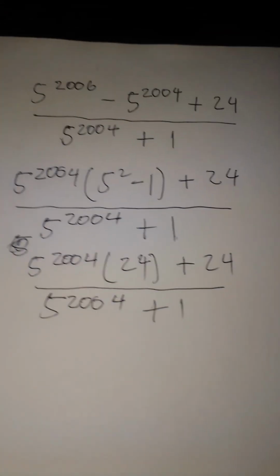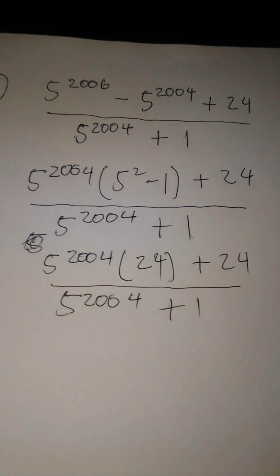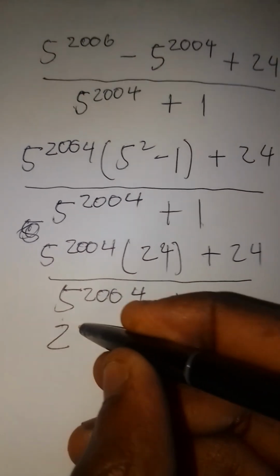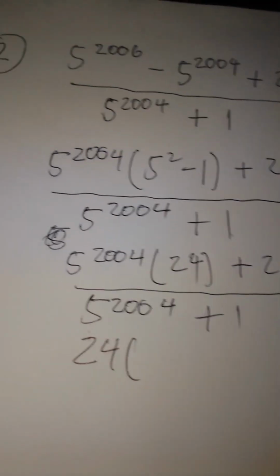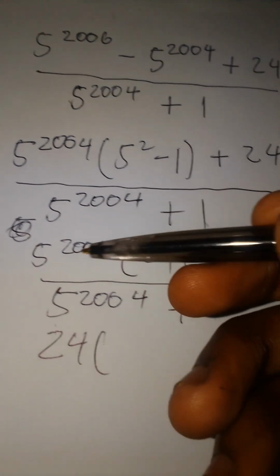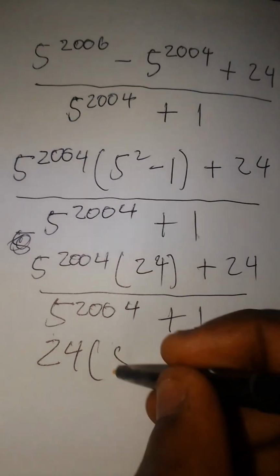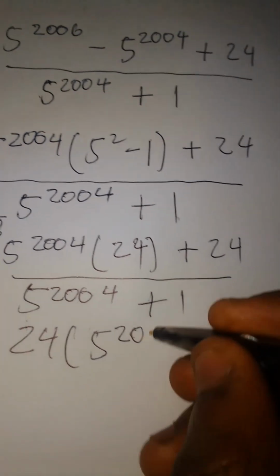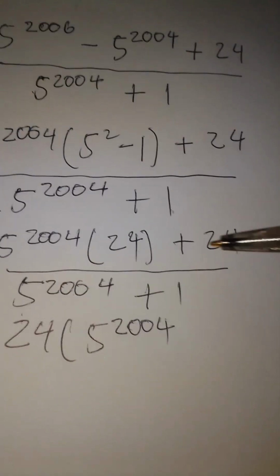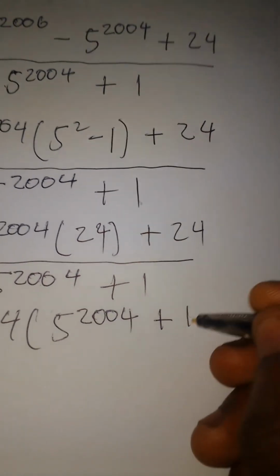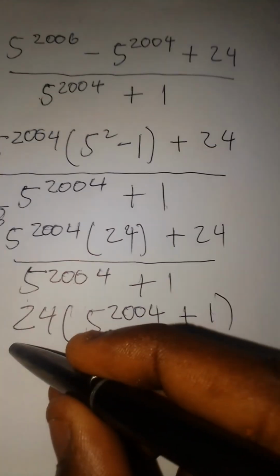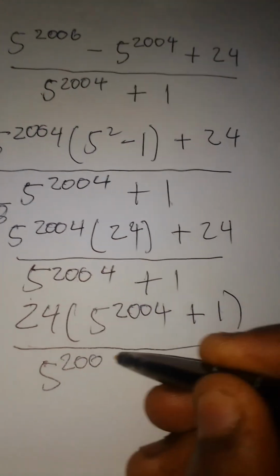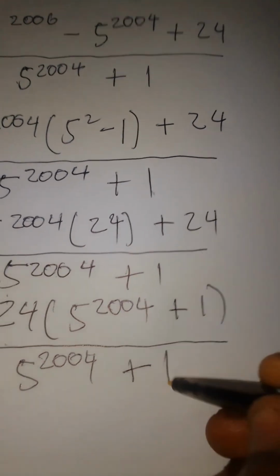Yes, we can take out a 24 again. 24 into this gives me the remaining 5 to the power of 2004, and 24 into 24 is 1, so I have plus 1. I divide that by 5 to the power of 2004 plus 1.